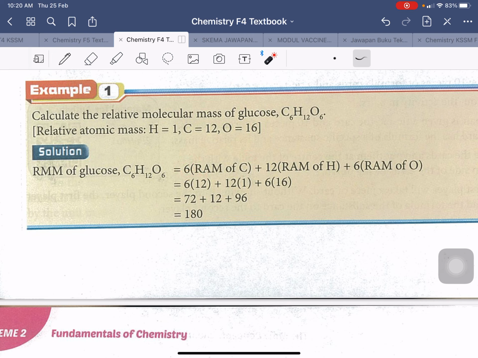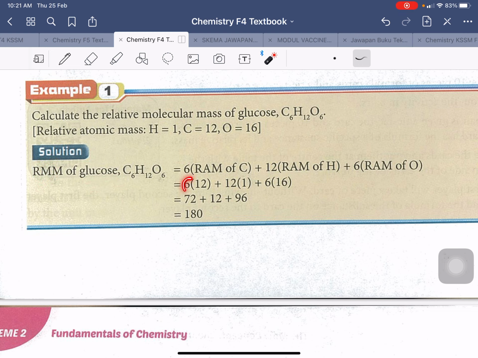Atom bani, kalau dia sendiri-sendiri, itu adalah atom C, atom H, atom O. So 6 ni maksudnya ada 6 biji atom C di dalam glukos. 12 here means ada 12 atom hydrogen di dalam molekul glucose. So kita mau cari relative molecular mass of glucose, kesemuanya lah, bukan satu-satu tapi semua.